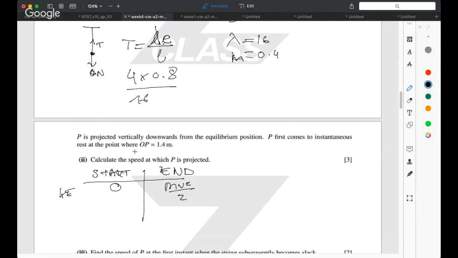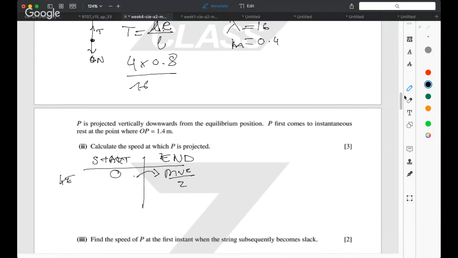You project it vertically downwards until it reaches a speed of 0, so I'm going to have the other way around. Okay, never mind. So this is that, and that's U. U is the thing you want to calculate.